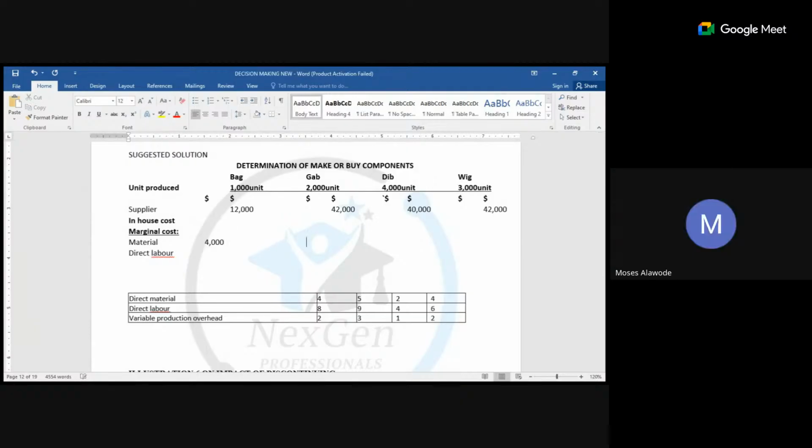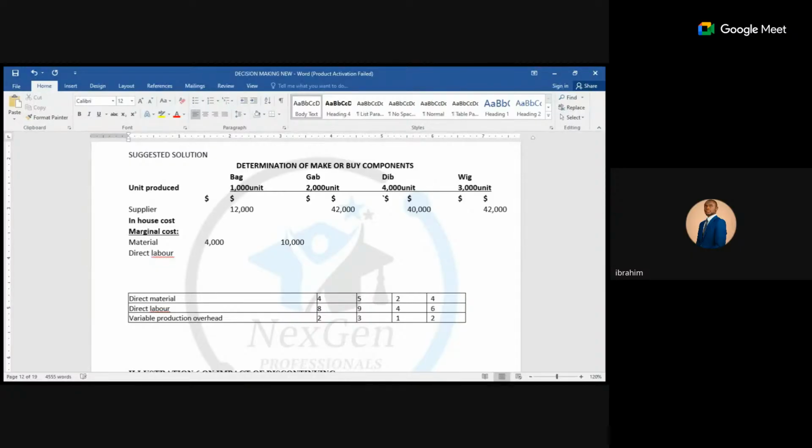So the next one is 5 times 2,000 units, 10,000 naira. Rejoice, you did this class. You're welcome.